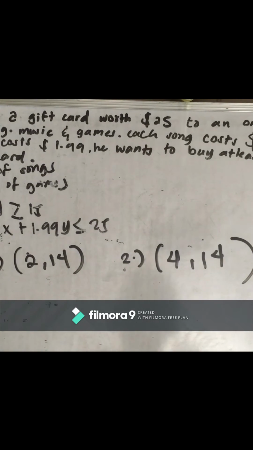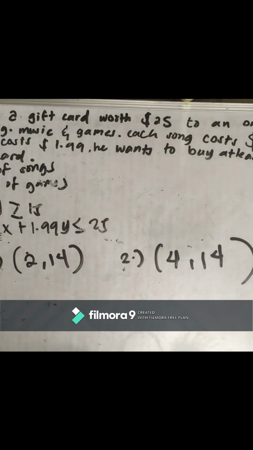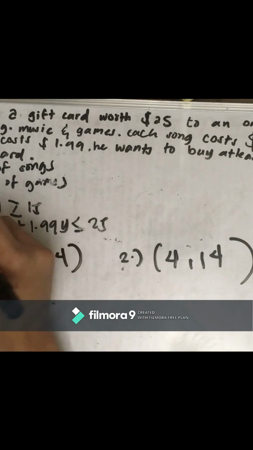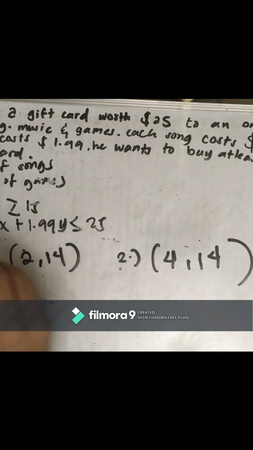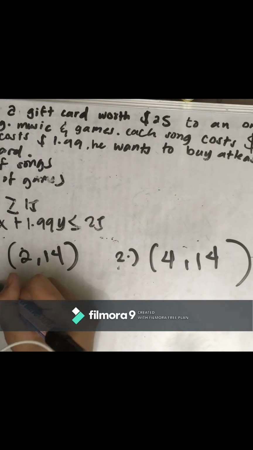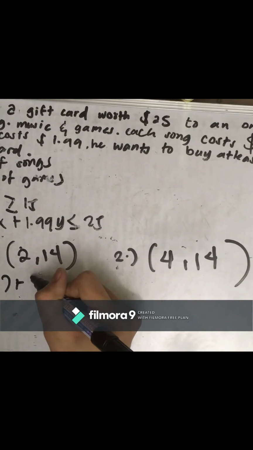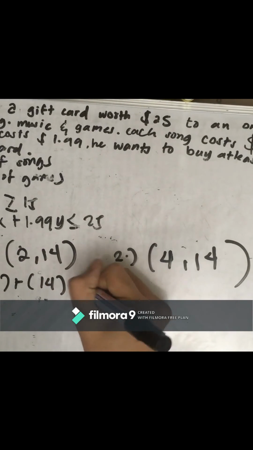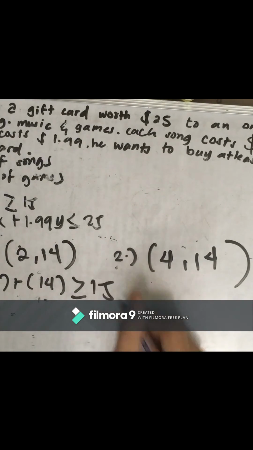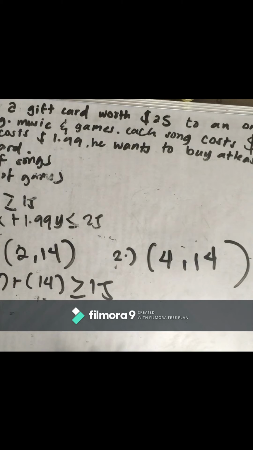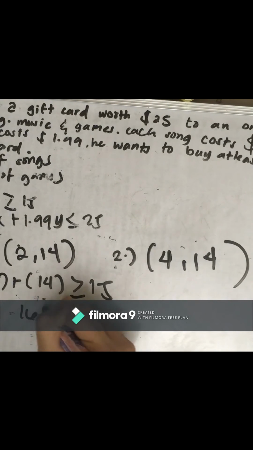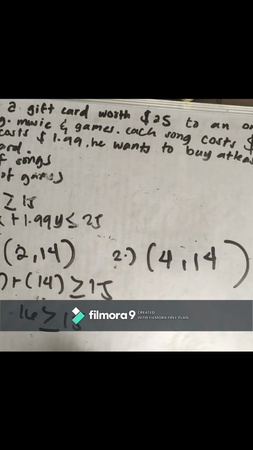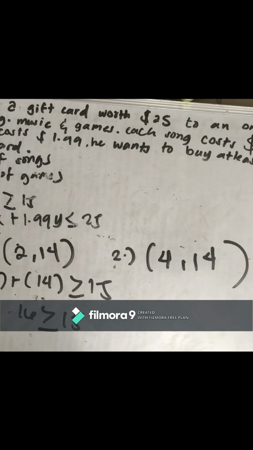Let's check if it's true. To check, let's substitute it into the first equation. So 2 plus 14 is greater than or equal to 15. 2 plus 14 equals 16. So 16 is greater than or equal to 15, and it is true.